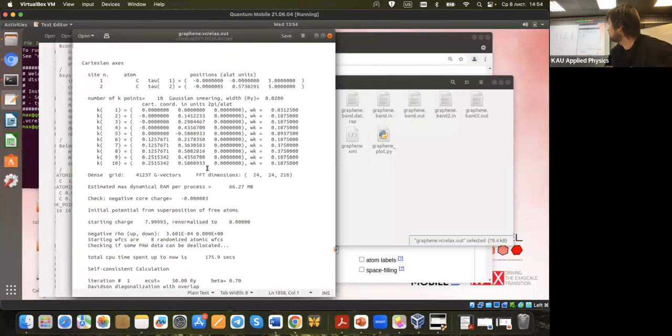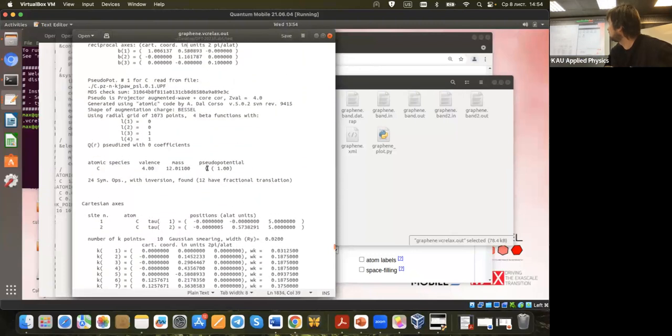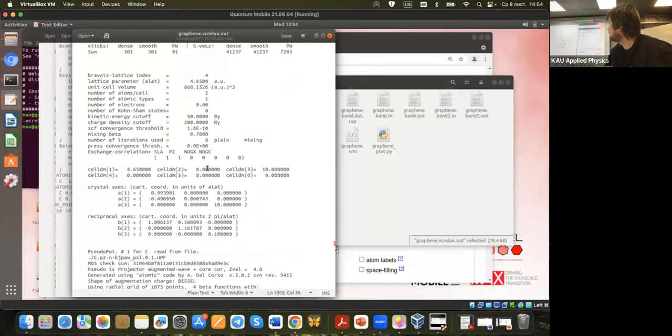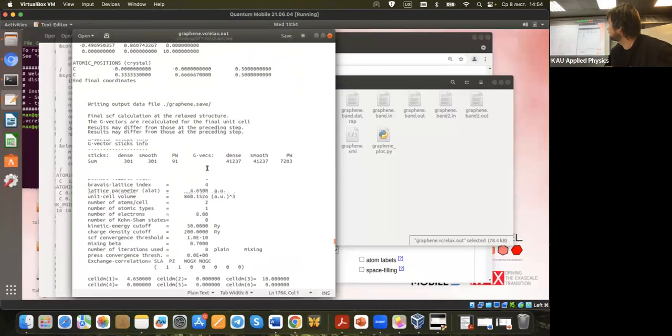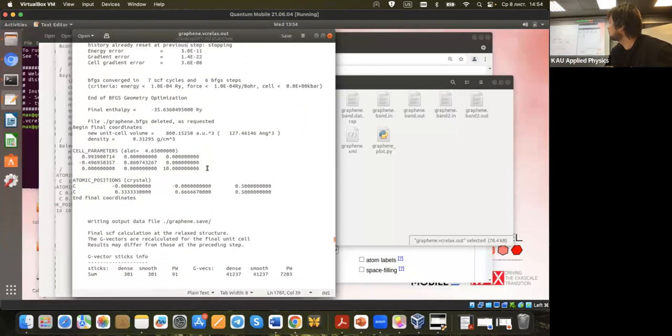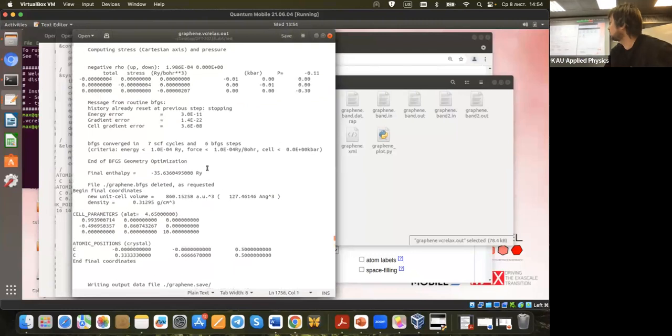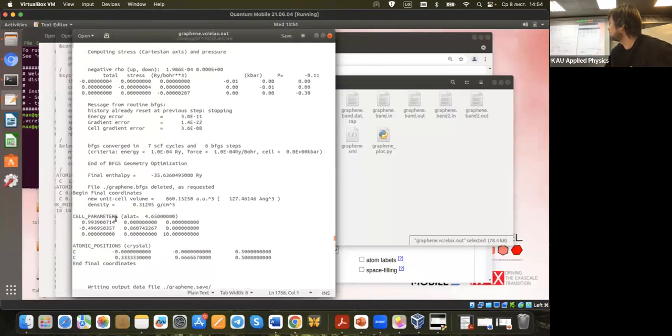So it took these parameters. Here, it took this parameter and final coordinates. So, begin final coordinates. Here is our output.